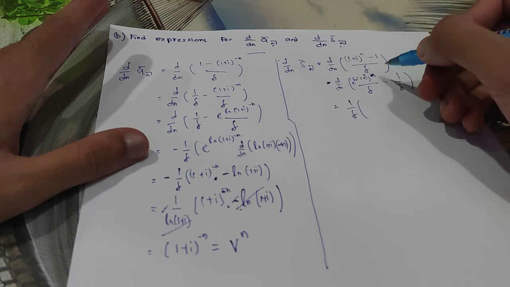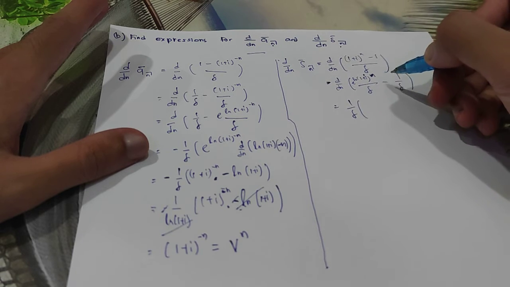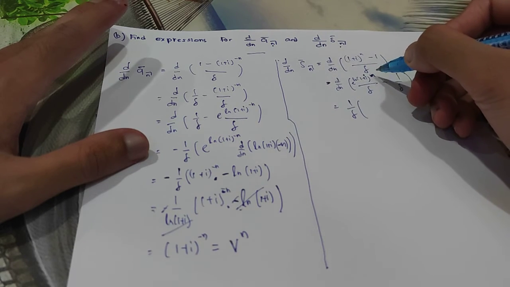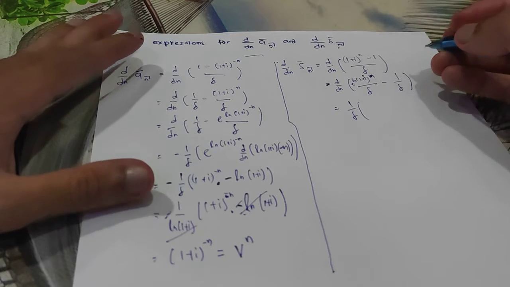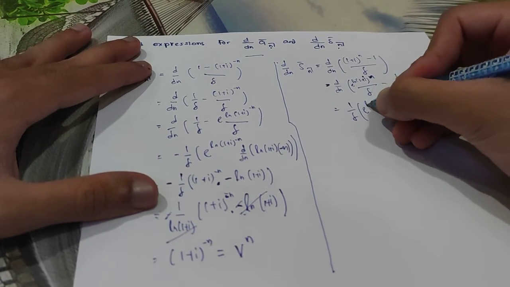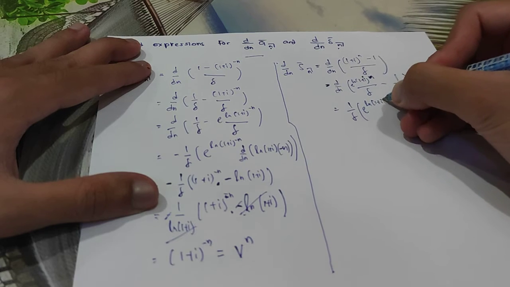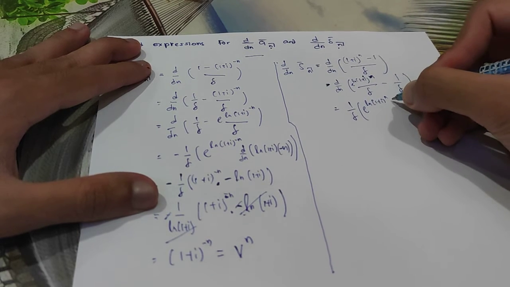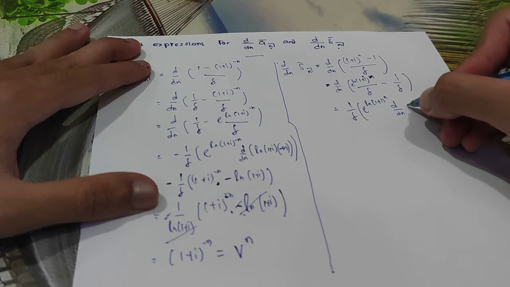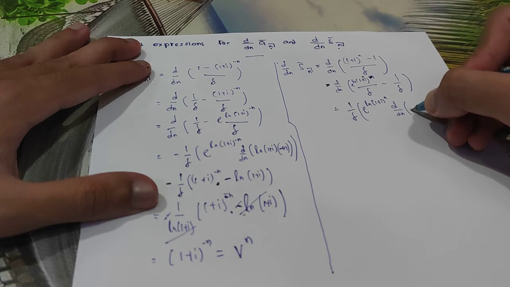So we transform it to e to the ln (1 plus i) to the power of n, and we get like this.